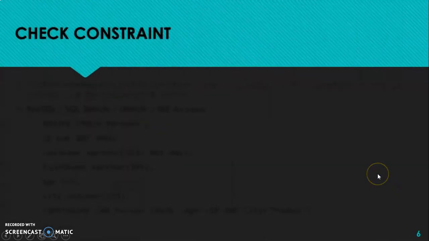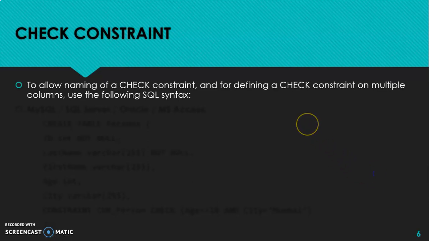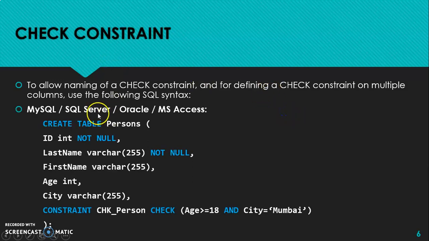Now maybe you want to allow more than one column for this check, using a named constraint. This format is suitable for all the database software, that is MySQL, SQL Server, Oracle and MS Access. So the best option is to use this kind of query, and it will be helpful when you are using any of this software.